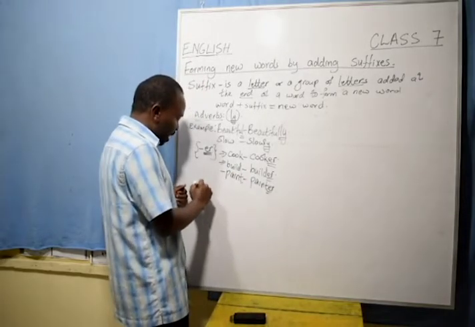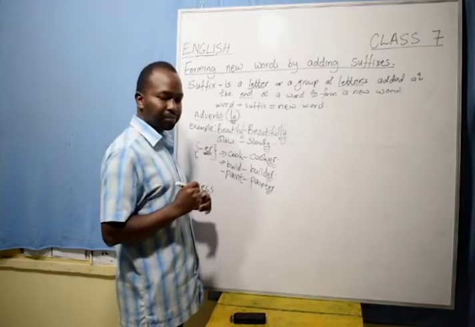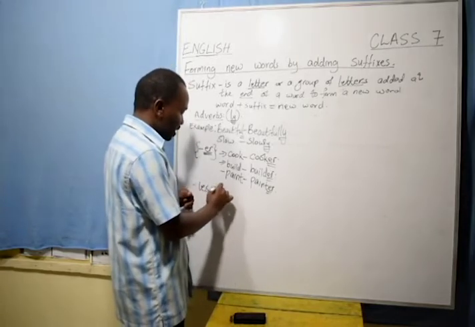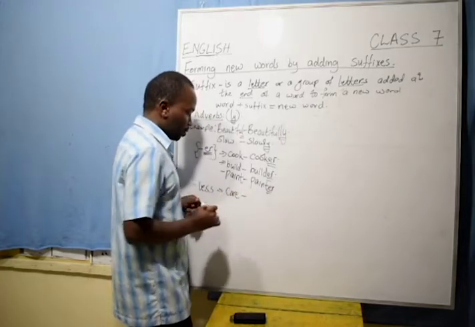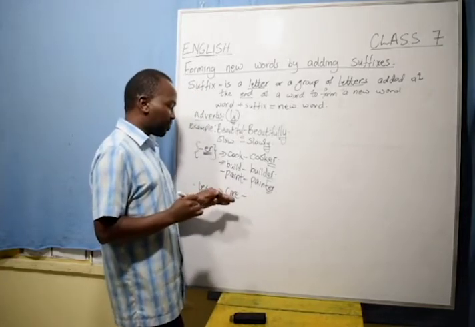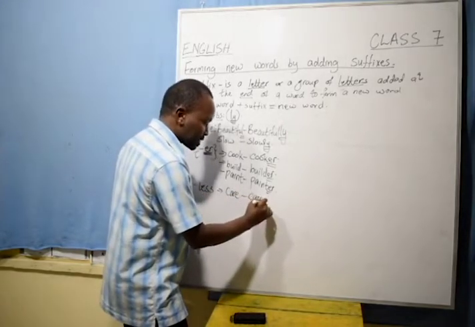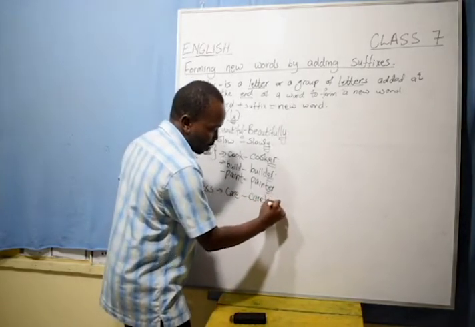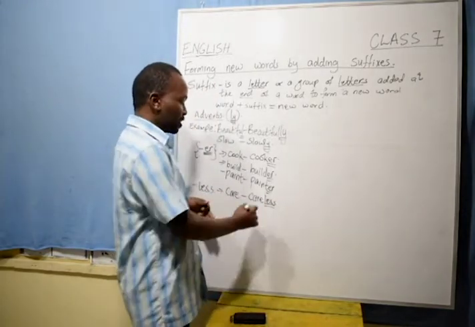Another suffix that we have is the suffix less. From certain words, for example, the word care, we can form a new word, and the word is careless. A careless boy, a careless girl. So this is an adjective.